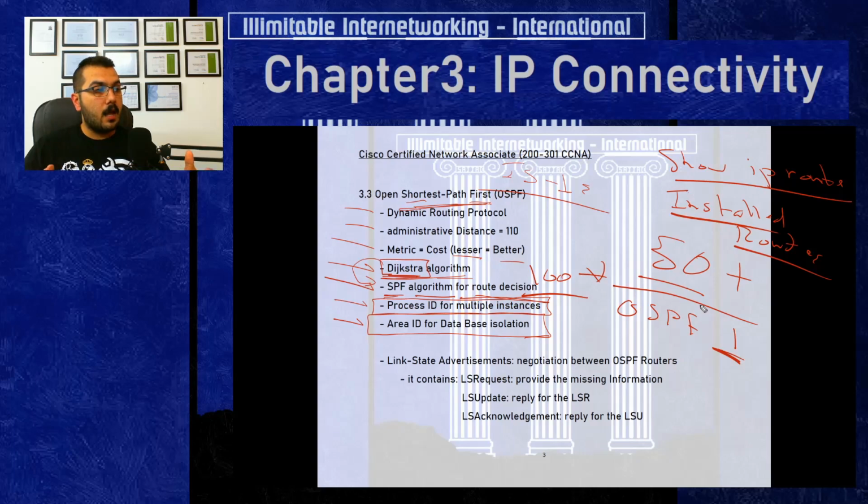Like you can give a process ID for each state, and thus you know that OSPF process ID 1 is for New York, process ID 2 is for Los Angeles, process ID 3 is maybe for whatever other name of the United States. So you will separate each one of them from the other. This is the first thing.